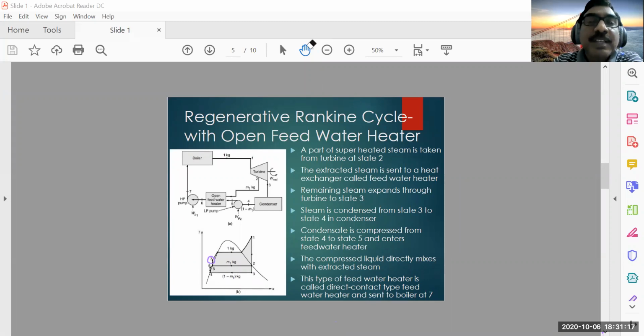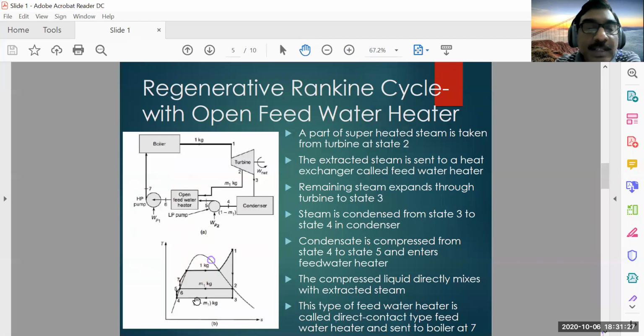So what is meant by regeneration? Regeneration is nothing but increasing the temperature of heat addition. Here, if you are completely expanding, the entire energy is added between this point and this point.